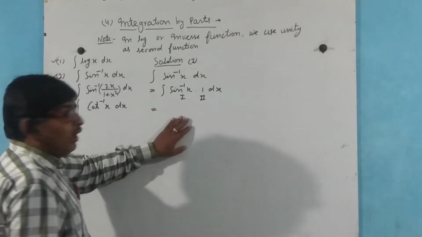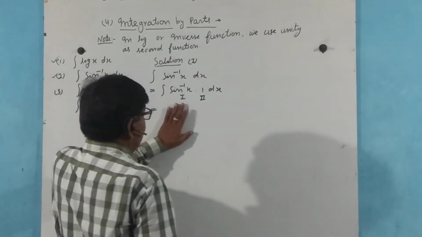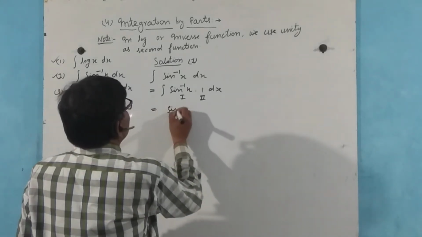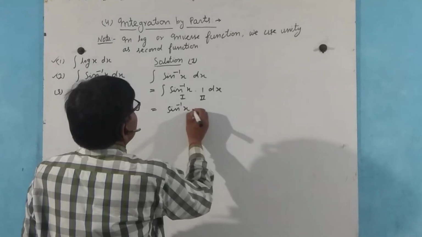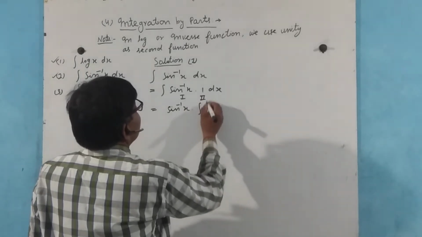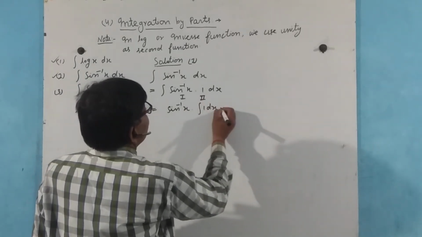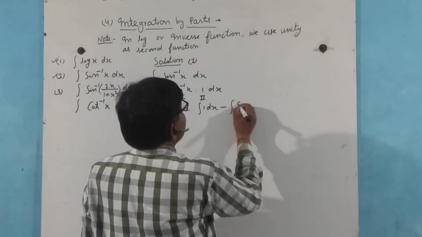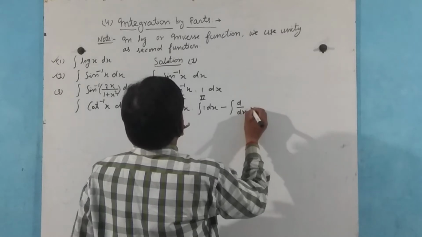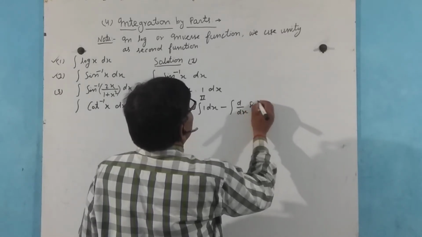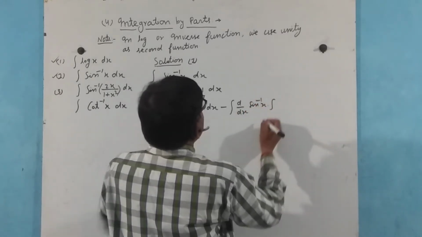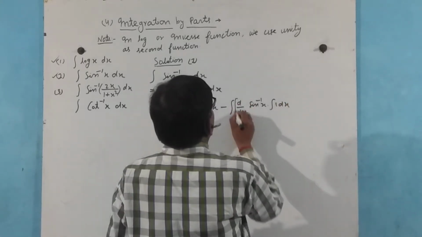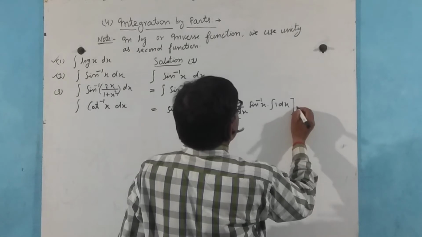In the product form of the integration: sin inverse x into integration of second function 1 dx, minus the whole integration of the differentiation of first, d by dx sin inverse x, and integration of second 1 dx, whole integration dx.